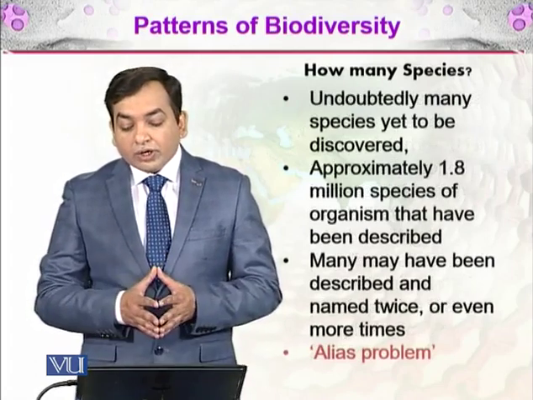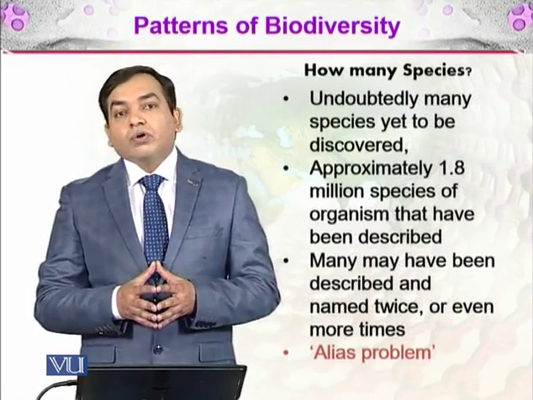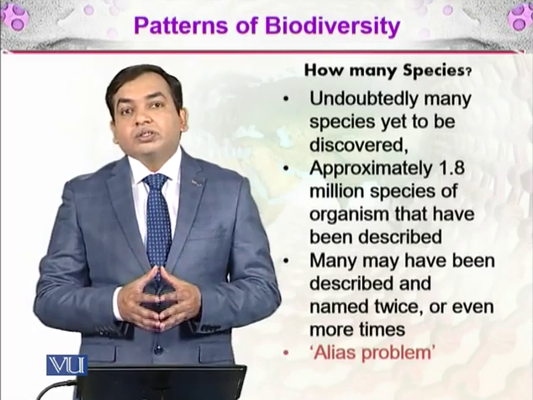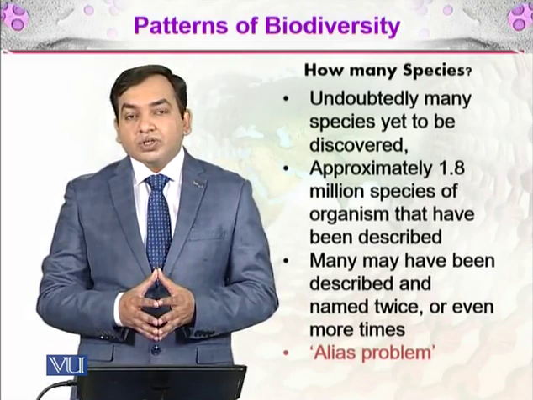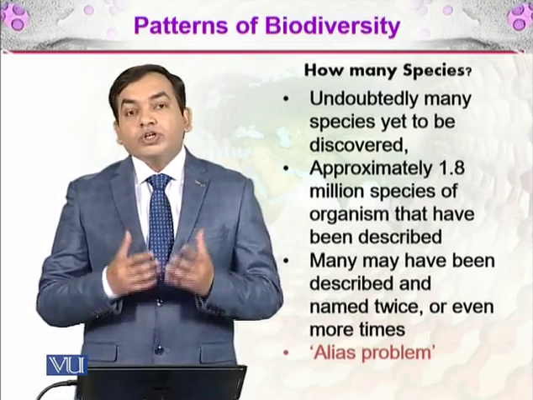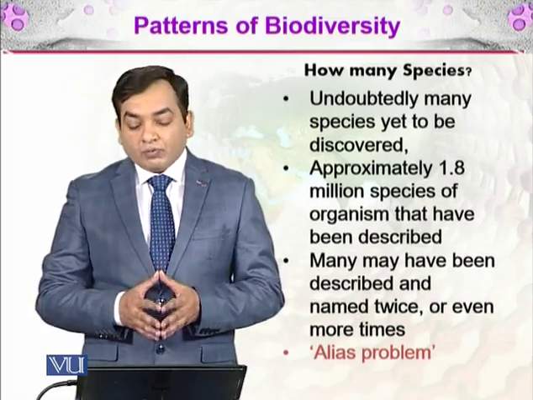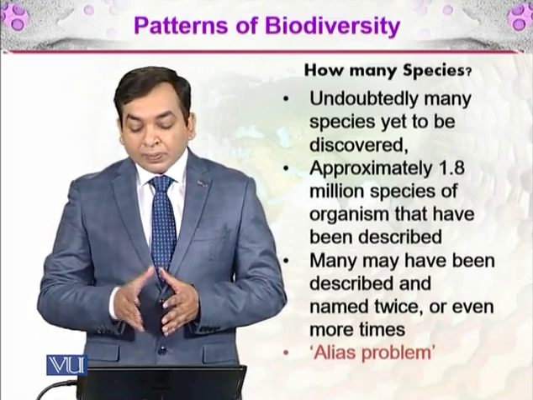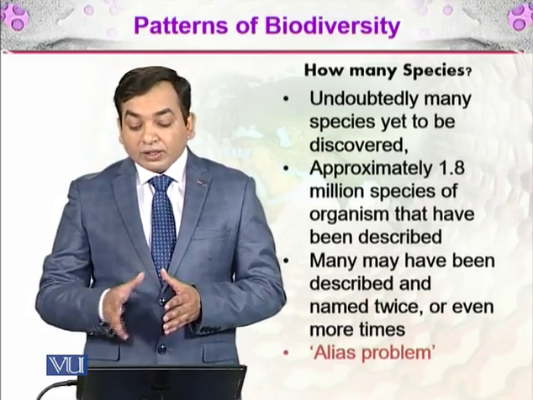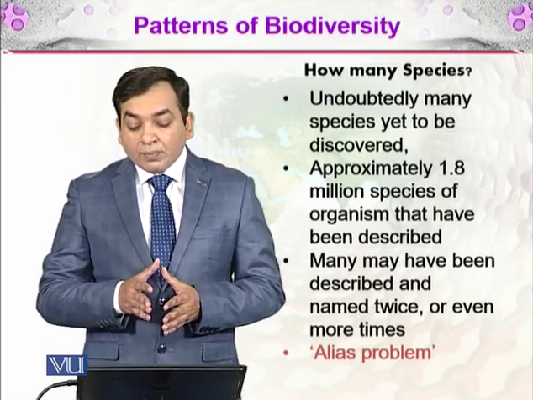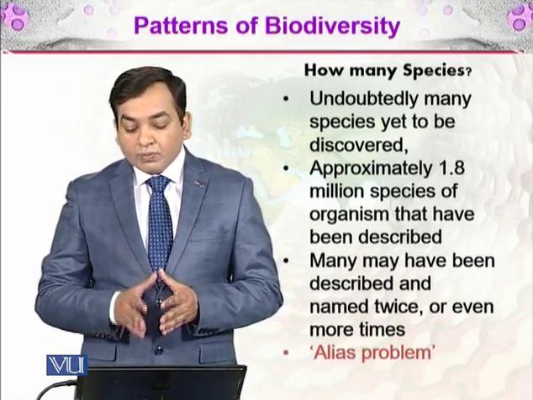So undoubtedly many species are yet to be discovered. Another point that makes it difficult to determine biodiversity or the number of species on the planet is that we don't know how many more species there are. We haven't discovered those. Approximately 1.8 million species of organisms have been described, and many may have been described and named twice and even more times.